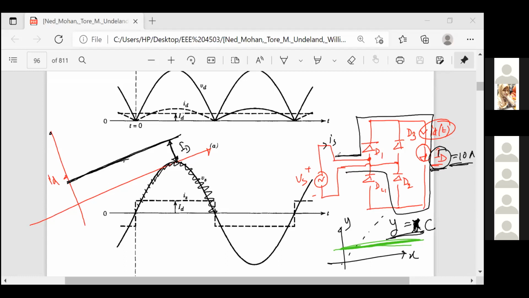IS is going this way. IS equals the positive ID, the same ID as in the positive half cycle. IS will be positive ID, and that is what they have plotted here. IS is positive, and if I want to plot it here.